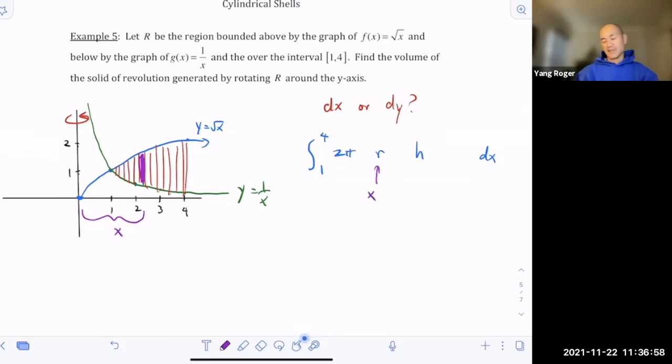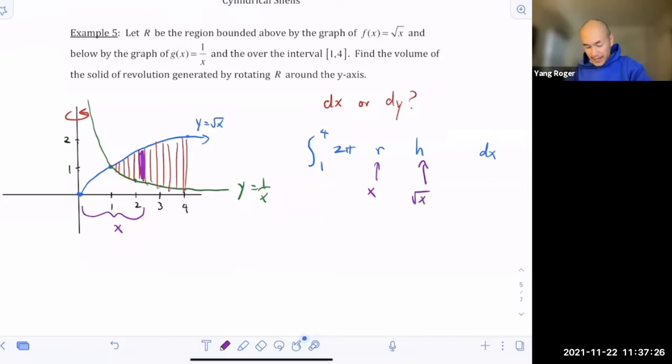What's interesting this time is the height of the shell. So what do you guys think the height should be? Any thoughts? Good. Excellent. Rad x minus 1 over x.